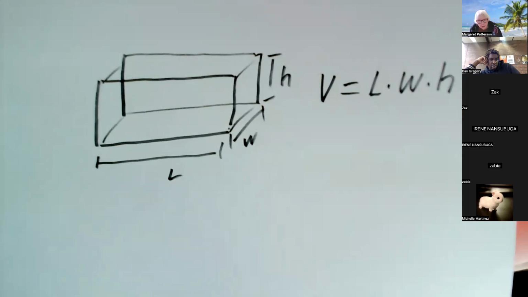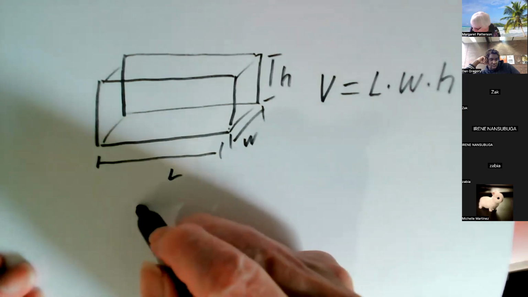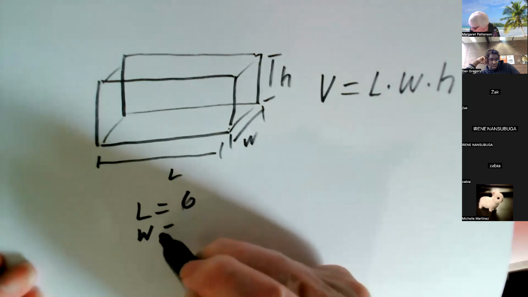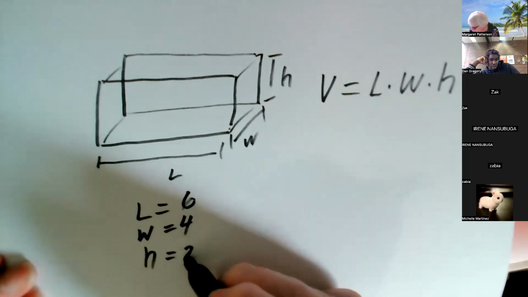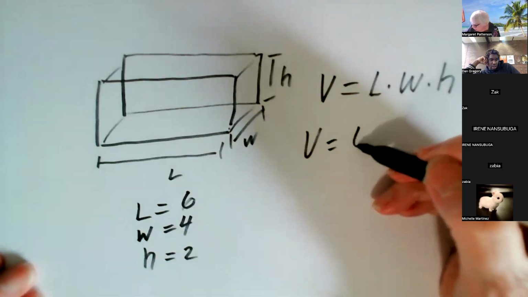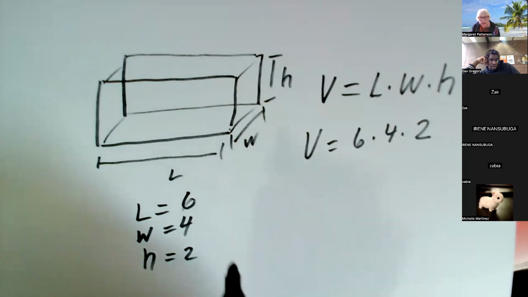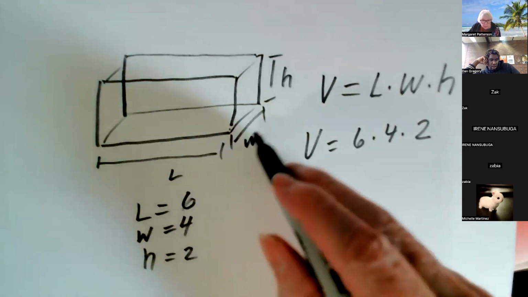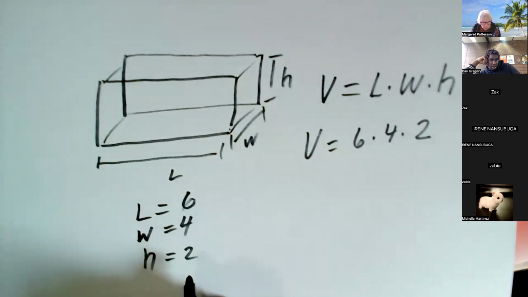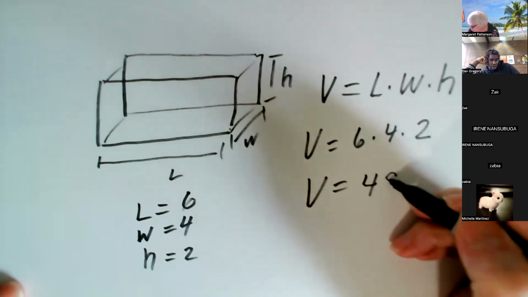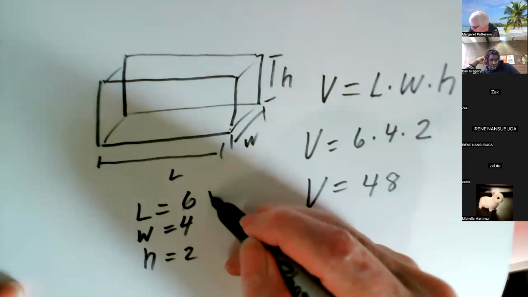It's a pretty easy formula to use. So if the length was 6 and the width was 4 and the height was 2, just plain. Maybe they labeled them on the picture, or maybe they gave them to you like this, but this would be 24 times 2, which is 48. And let's say it's all yards.